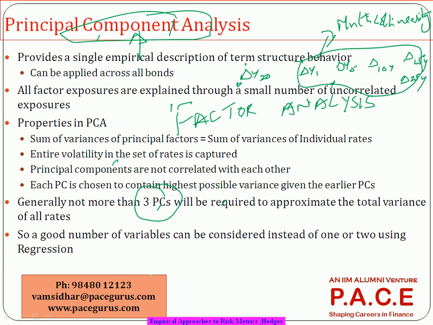Instead of using a duration or key rate based hedging mechanism, we are talking about a regression based hedging mechanism where we consider these rates over a historical period and try to map, using a regression equation, the relationships between the two rates.